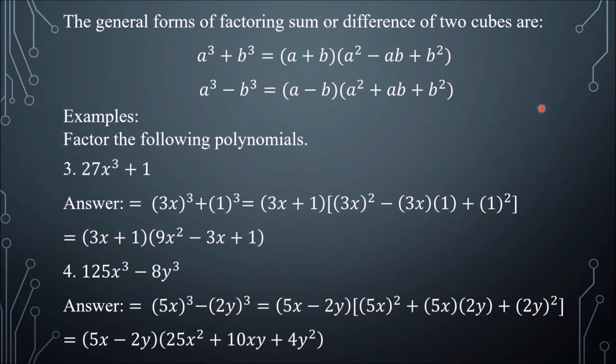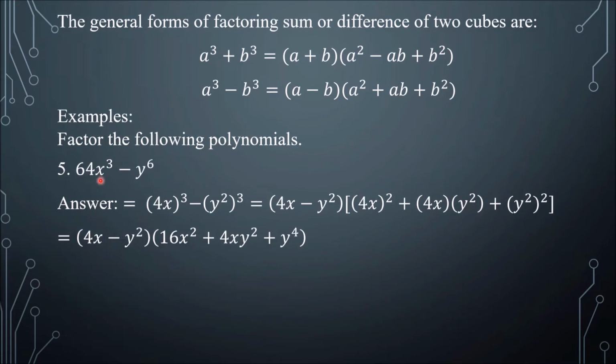Now following format number 2, a minus b is 5x minus 2y, a squared is 5x squared, plus ab is 5x times 2y, because a is 5x and b is 2y. Now b squared is 2y squared. Simplifying that, 5x minus 2y times 25x squared, then 5 times 2 is 10, x times y, xy. So 4y squared is 2y squared. That's it.